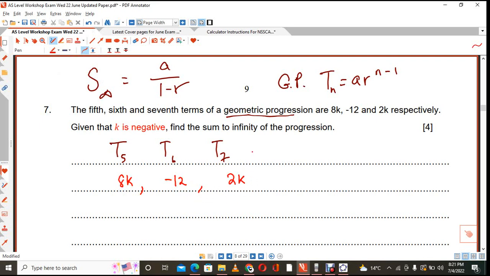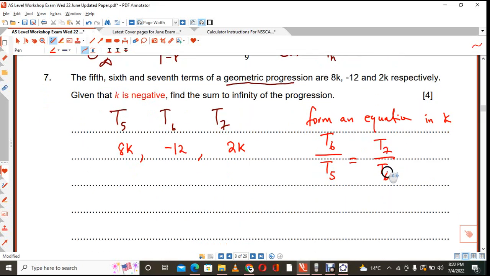Okay, good. Right, so we need to form an equation in k and solve that. So that would be my first method. That would be like saying term 6 divided by term 5 should be exactly the same as term 7 divided by term 6.